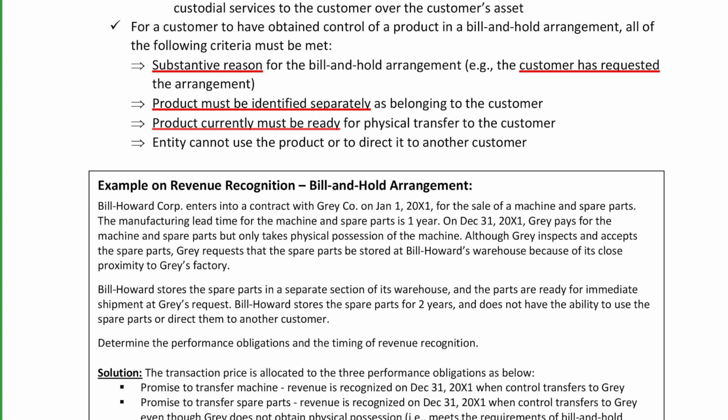Product currently must be ready for physical transfer to the customer. And the entity cannot use the product or direct it to another customer. Put a bracket and write control transfers if all are met.